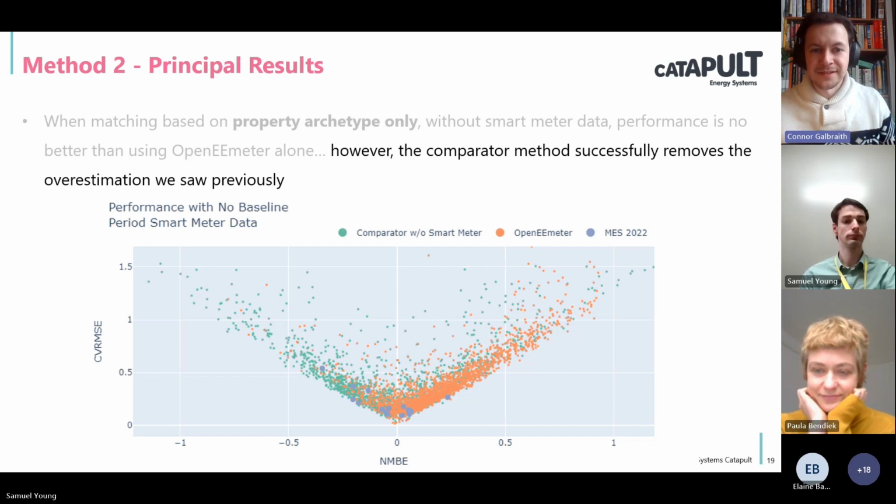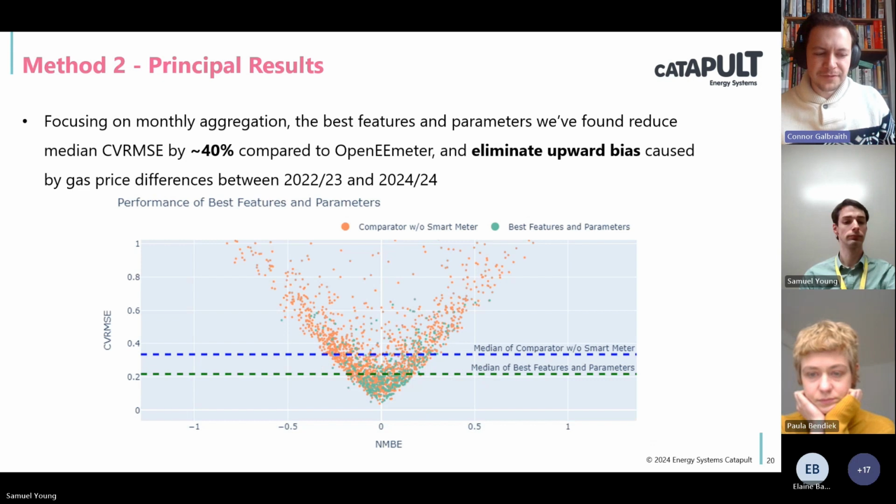And this indicates that on average, the systematic bias is removed. We just have a bias component now for each property, which is property specific and not model specific.